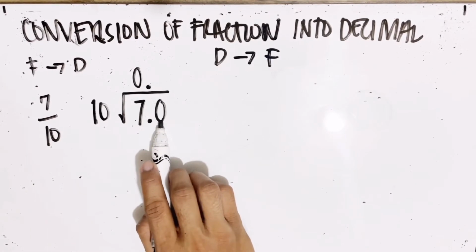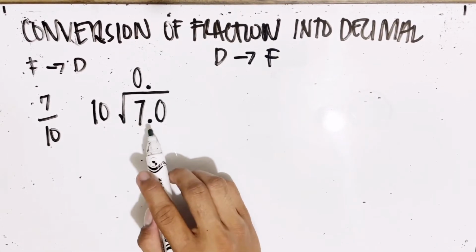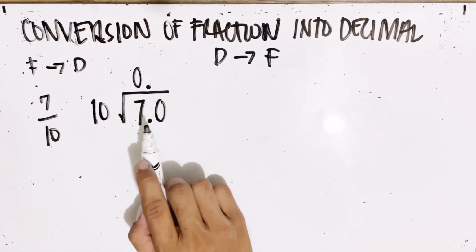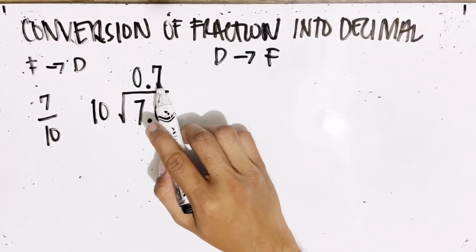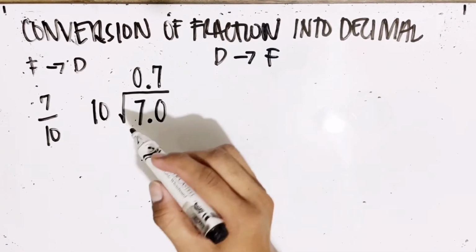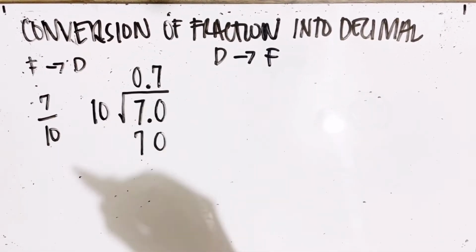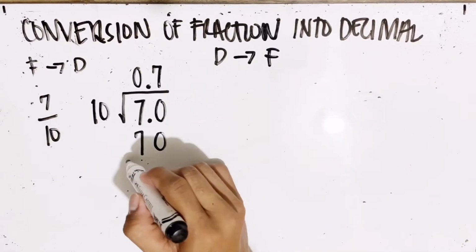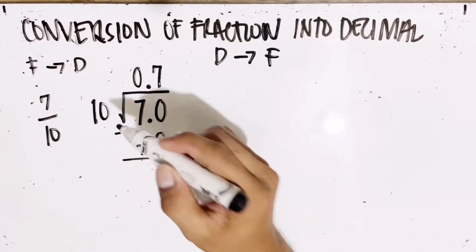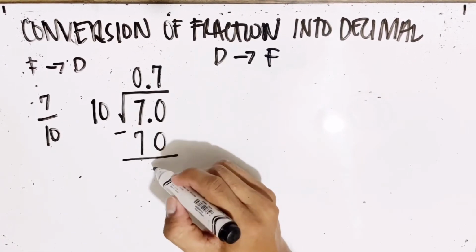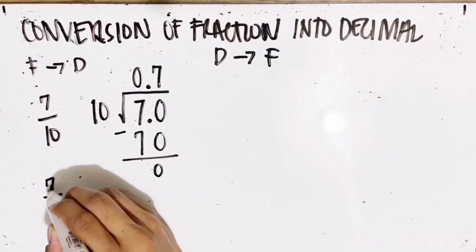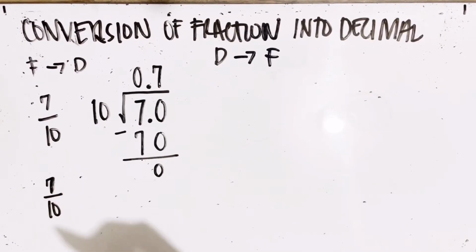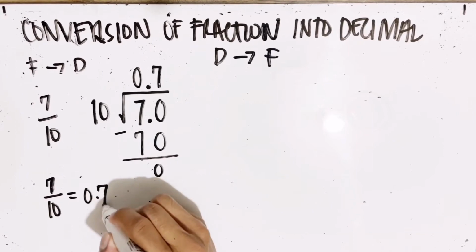Because it is now greater than 10, we can proceed on dividing. 70 divided by 10 is equal to 7. 7 times 10 is equal to 70. So subtract 70 minus 70, that is equal to 0. It means 7/10 is equal to 0.7.